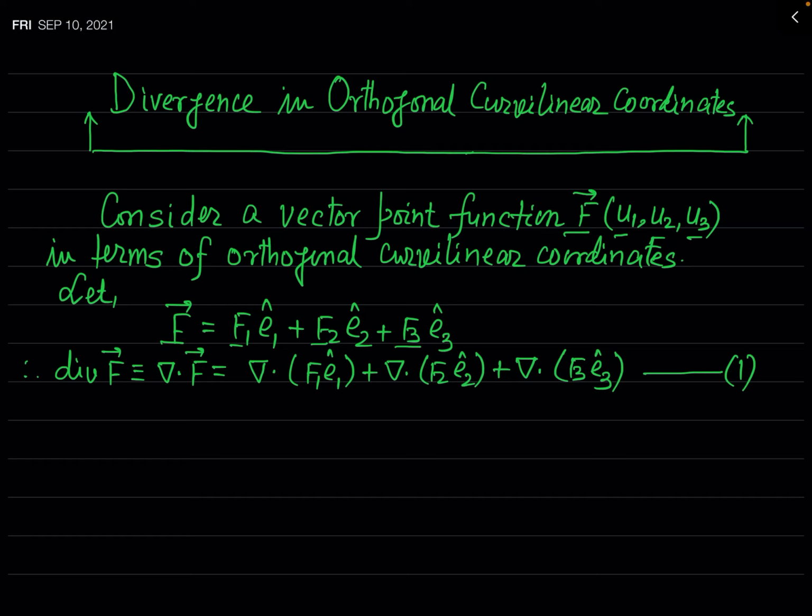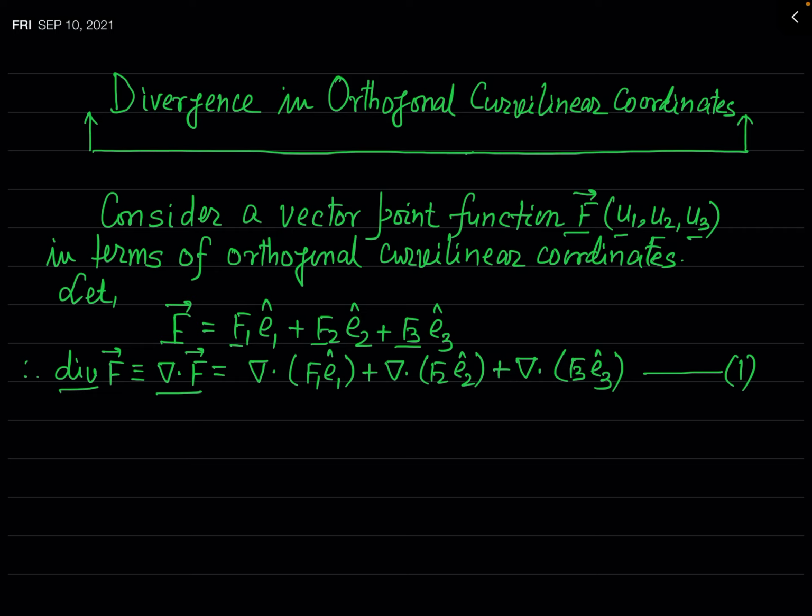So, if f is equal to this, then how will the divergence of this vector field be defined? Divergence of a vector field f is denoted by the symbol del dot f, or you may say that del dot operator is the divergence operator. So divergence of f is denoted by del dot f.